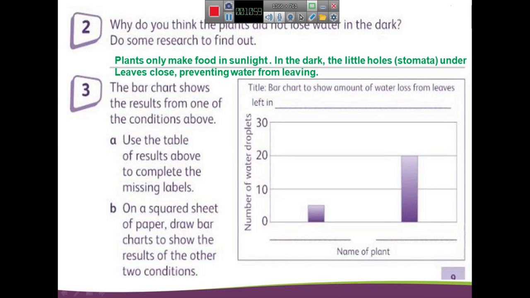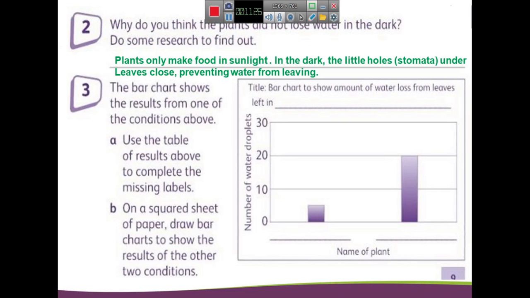So in the dark, my dears, we have little holes in each leaf called stomata, okay? In the dark they close. Why do they close? To prevent water from leaving, okay? So this is our answer.